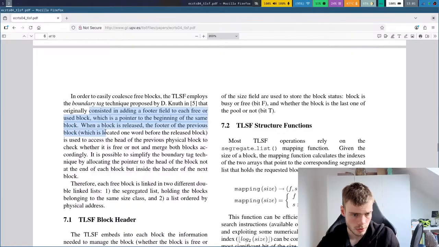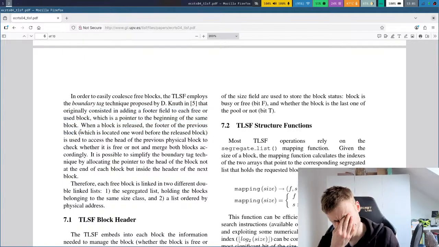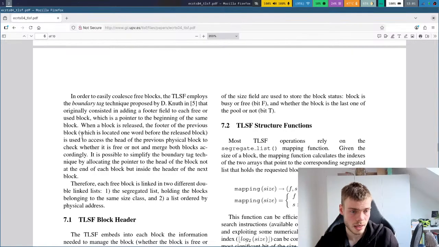Okay, the footer is really the footer of the previous block, located one word before the released block, used to access the head of the previous block, check whether it is free or not, and merge both blocks accordingly.